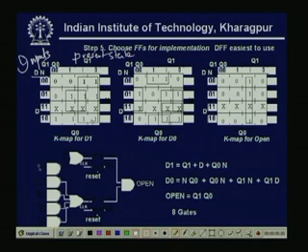If we draw the Karnaugh map, then D, N and Q1 Q0 are treated as the inputs, and it will generate a single output. Then we will get this type of Karnaugh map realization from the previous table.